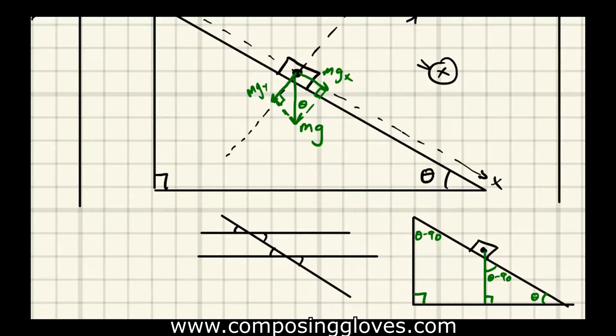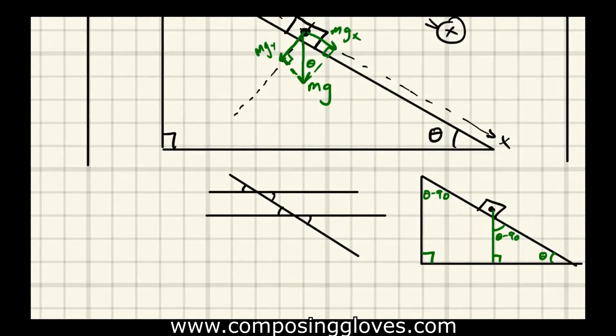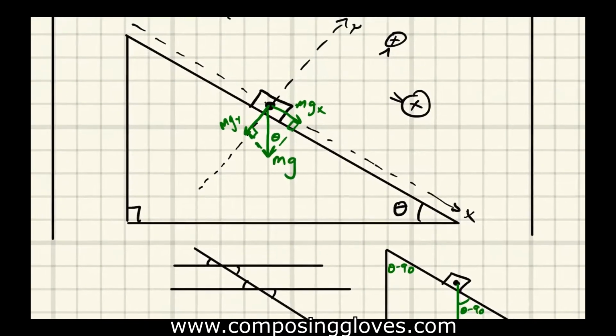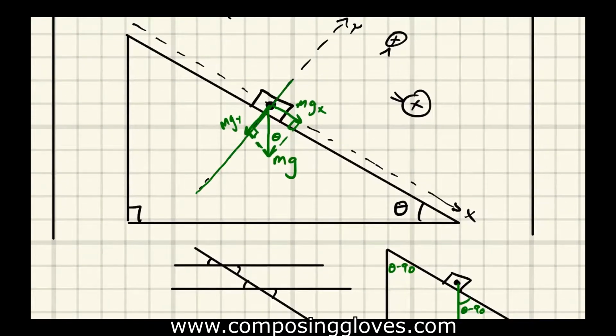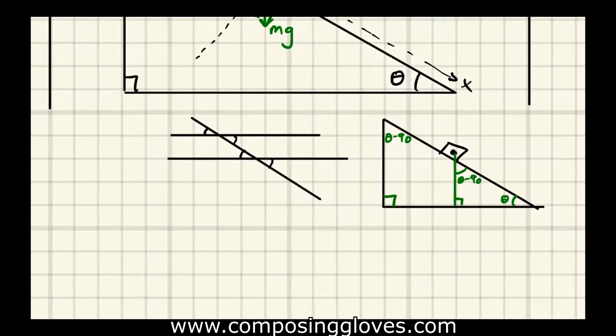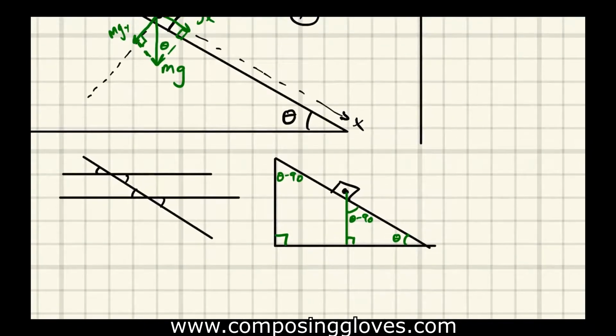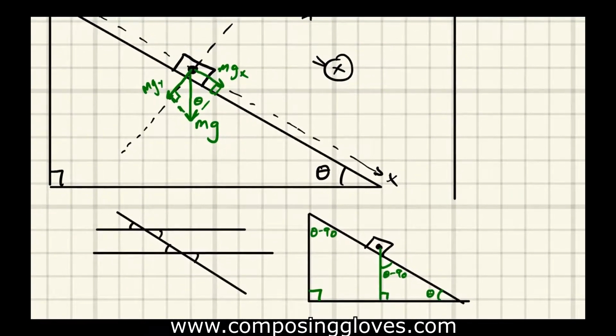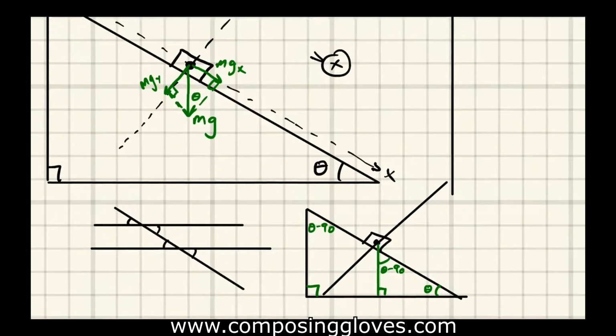Okay, now we've got another situation. Let me draw it over here to the side. We've now got a triangle with our vector coming down, and a line, our y-axis, perpendicular basically to the surface of our triangle.